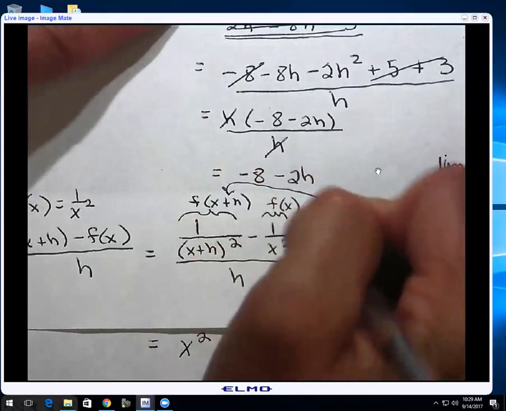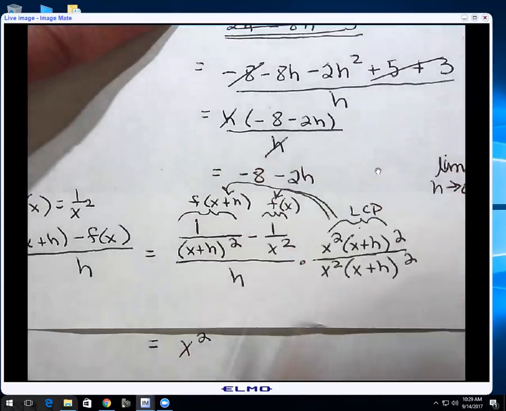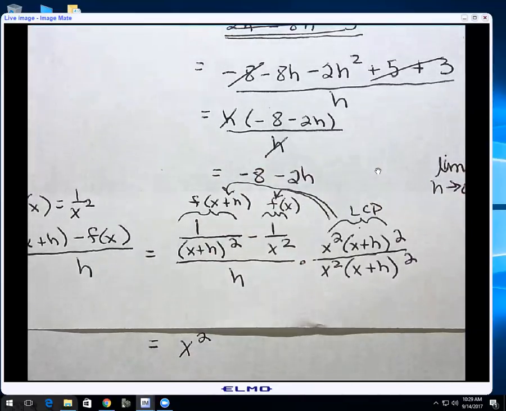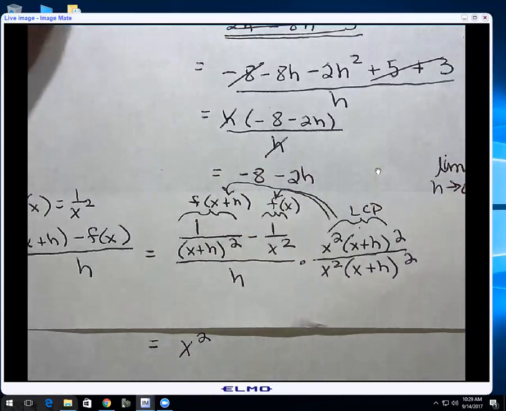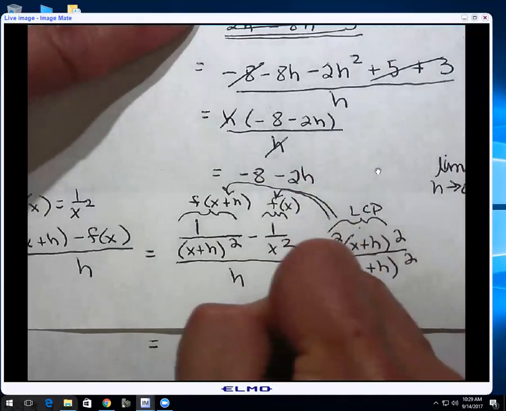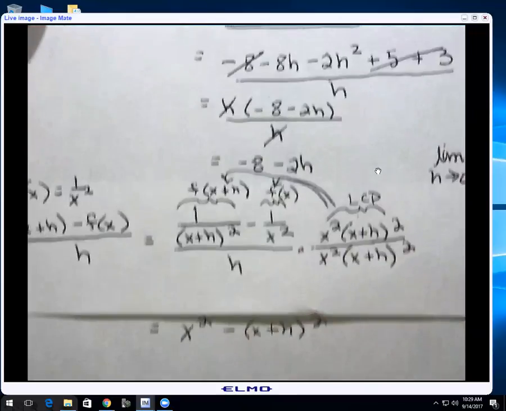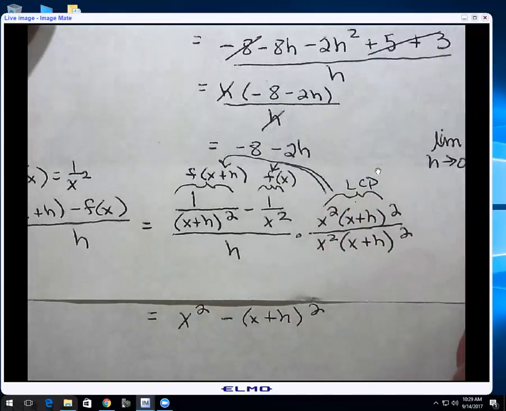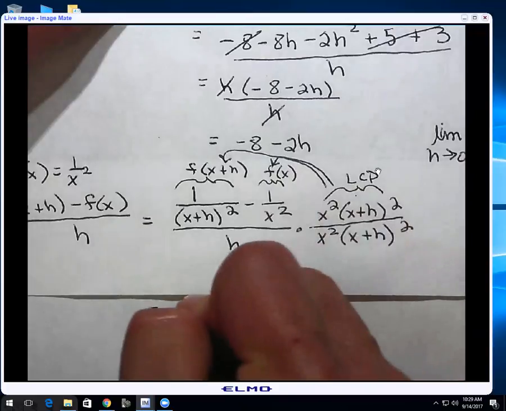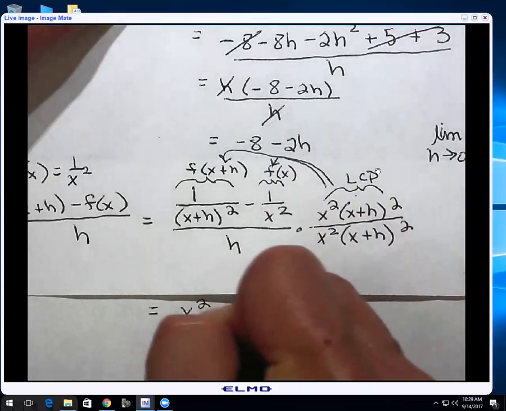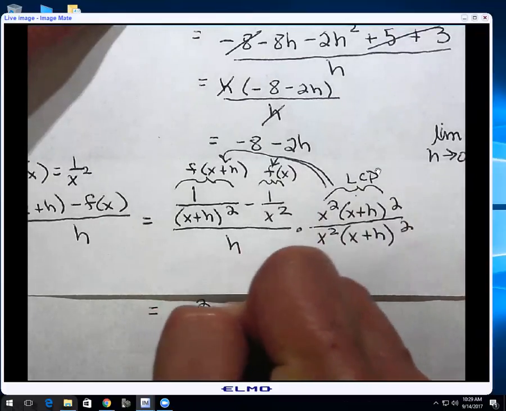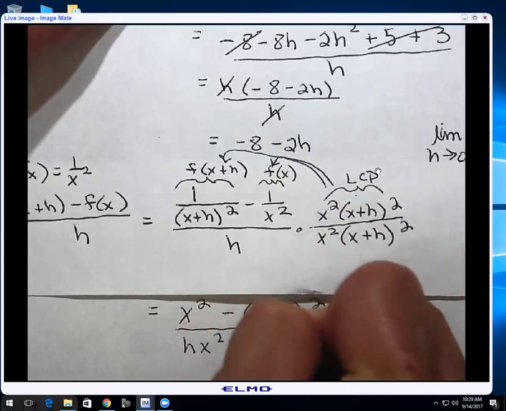When I multiply the LCD times the second term, what's left? x plus h squared, and then the denominator is going to become double ugly, h times x squared times x plus h squared.